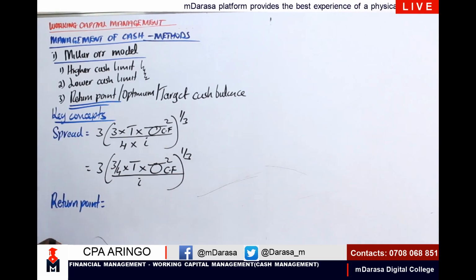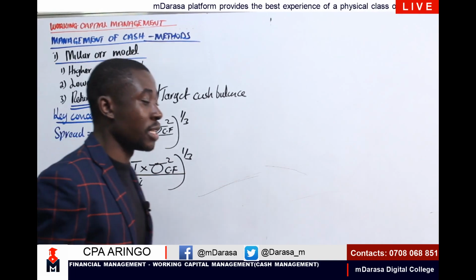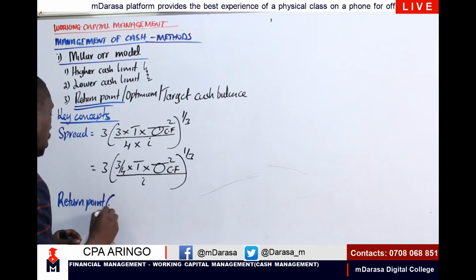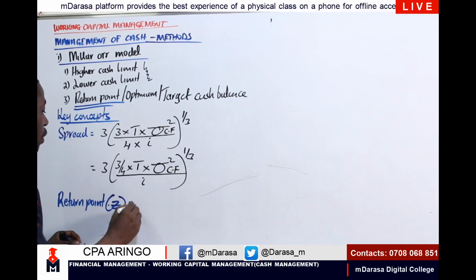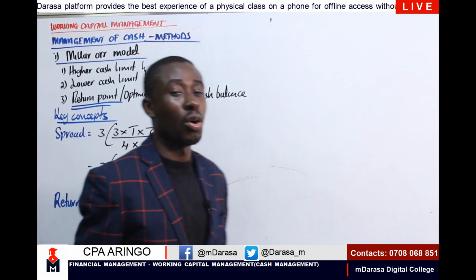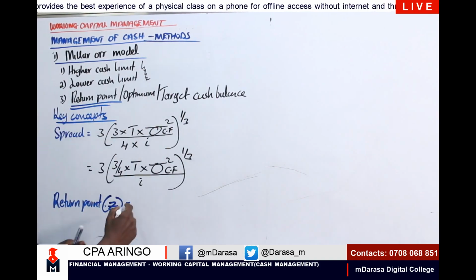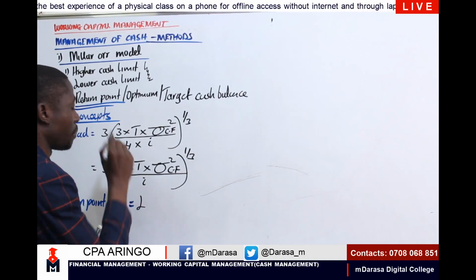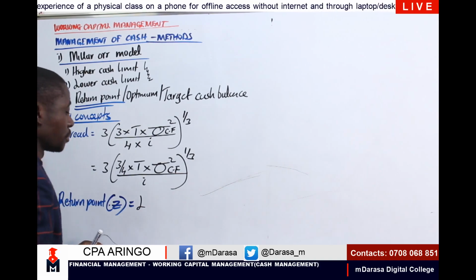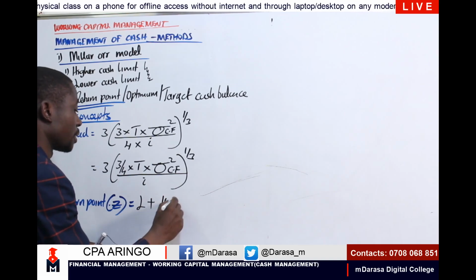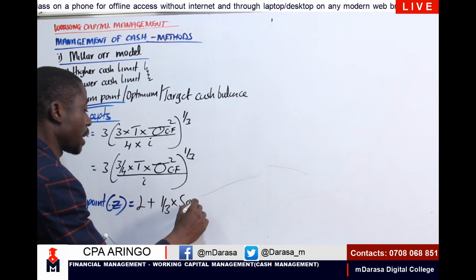As we've started, the return point, represented by Z, will be expressed as a third of spread. So to determine our return point, I'll take my lower limit, my good students, and add a third times spread.